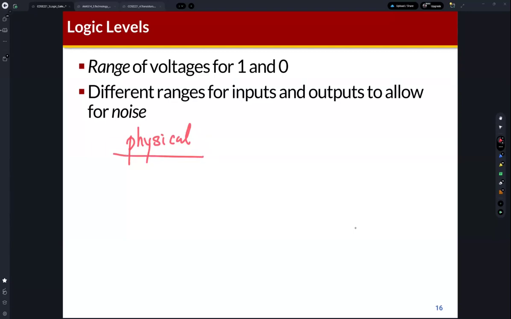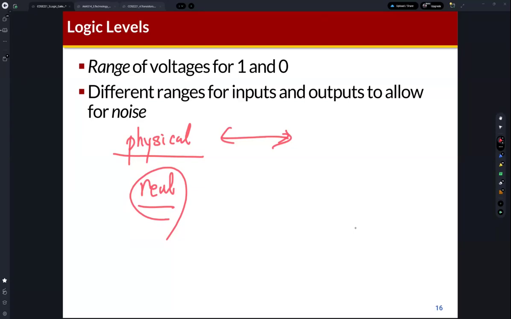You can think that physical is related to physical ability or physics, but actually, in our computer systems, physical represents real. Physical means that it's about real world issues or real world devices.